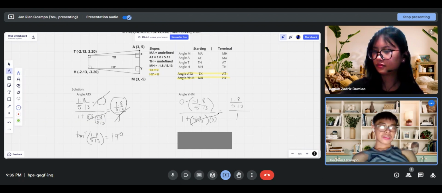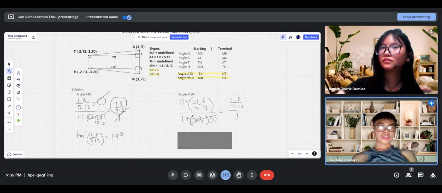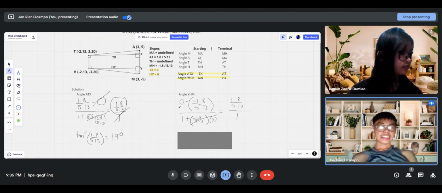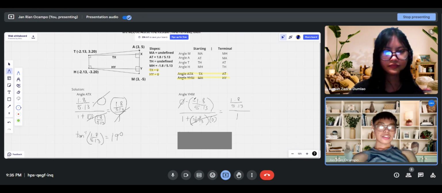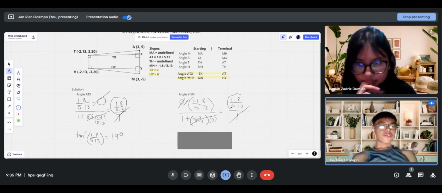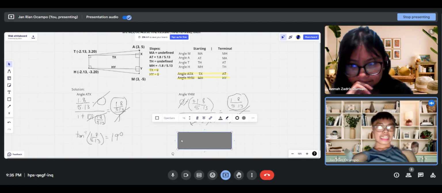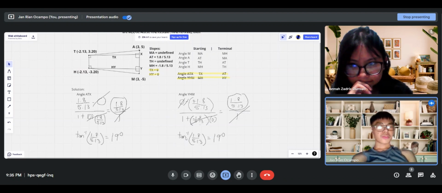This becomes just 0, so it's still 1 there, and this becomes a plus sign. Again, we don't need the over 1. So we have 1.8 over 5.13. Then again, we use arctan, and we come up with arctan 1.8 over 5.13, also resulting to 19 degrees.